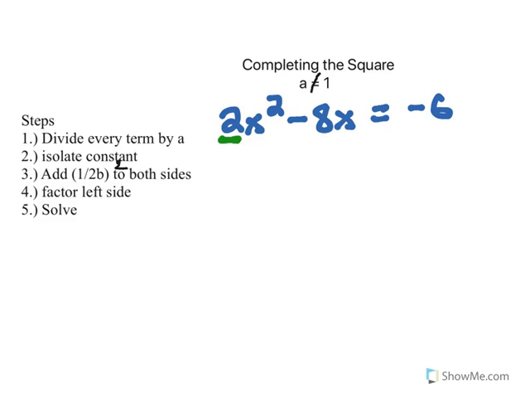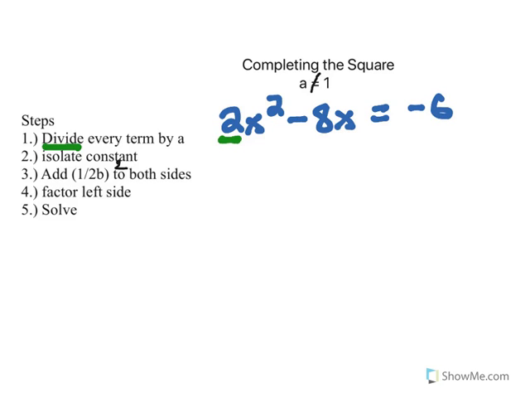Yesterday, we just dealt with problems that were x squared. So that's going to give us a slightly different step 1 here, which is to divide every term by a. In this particular example, a is 2. We want to get rid of that 2 so that it looks like those problems that we did yesterday.